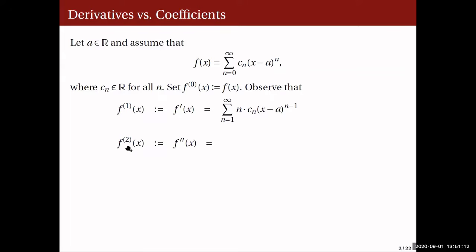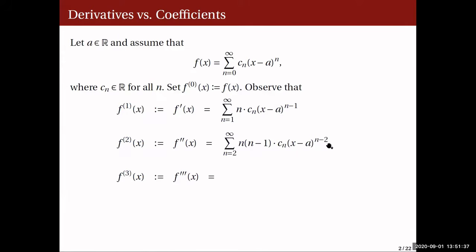Now, f2, or the second derivative of f with respect to x, is equal to the derivative of f prime of x, which is the summation from n equals 2 to positive infinity of n times n minus 1 times c sub n times (x minus a) raised to n minus 2.